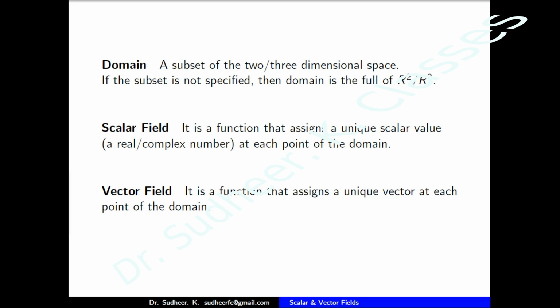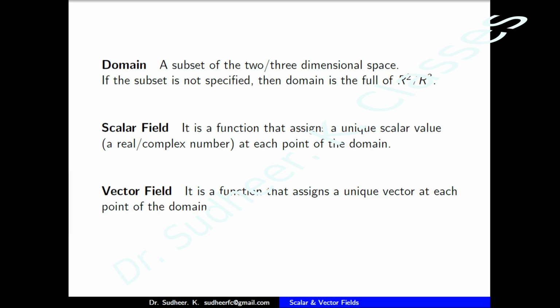In this context, let us introduce three definitions. Number one, domain. It's a subset of the two or three-dimensional space. If the subset is not specified, the domain is assumed to be the full real plane R2 or the real three-dimensional space R3.